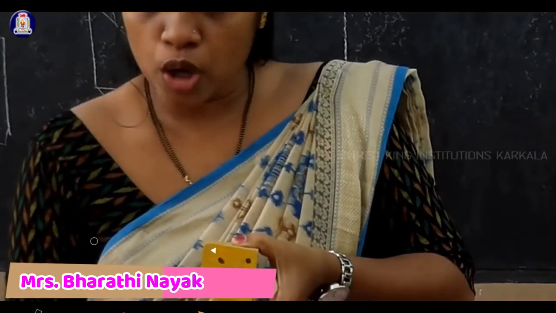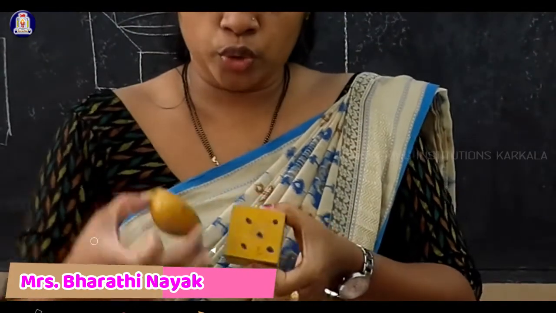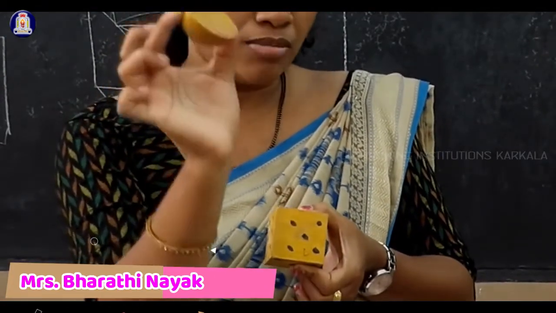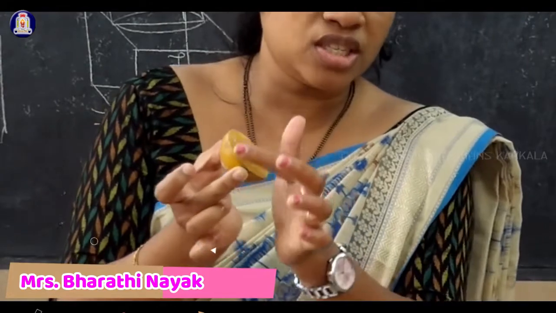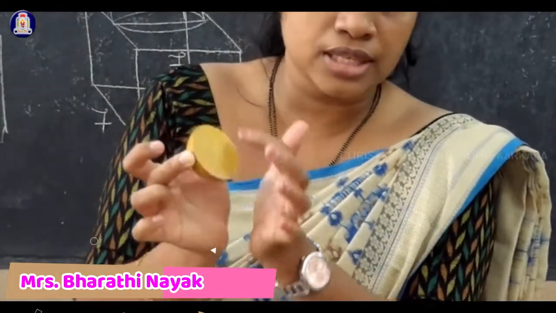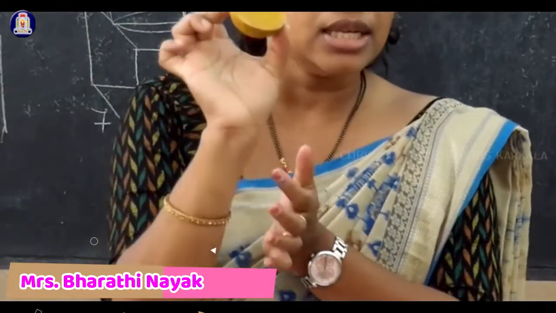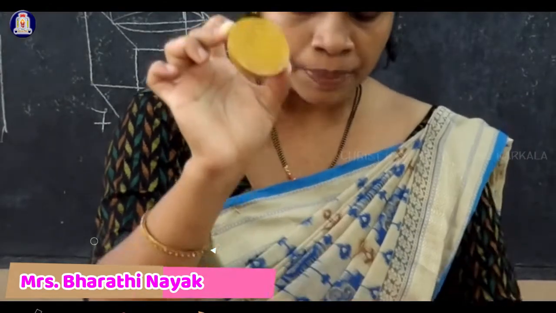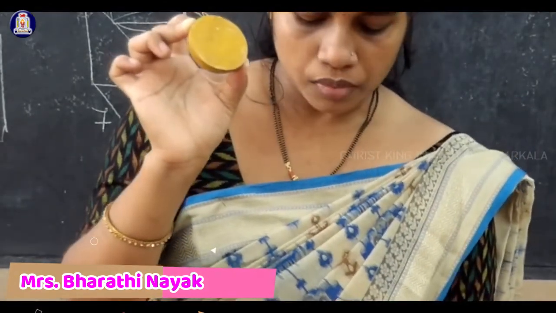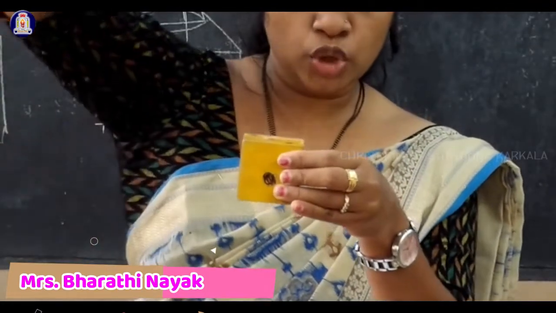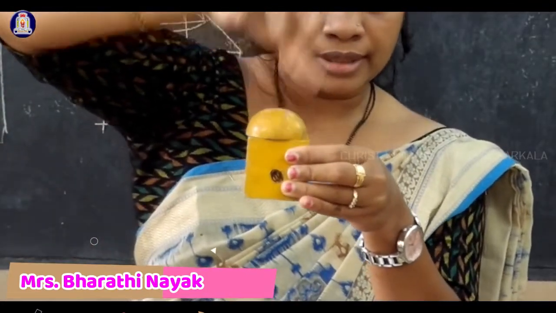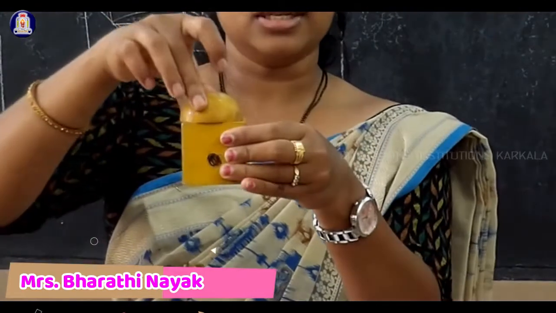Now on the top of the cube I'll take one hemisphere. This is your hemisphere. What is the shape of the base of this hemisphere? That is a circle, isn't it? Now on this cube, I'll surmount this hemisphere.